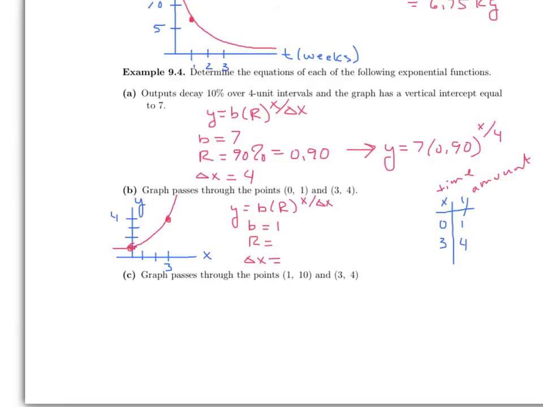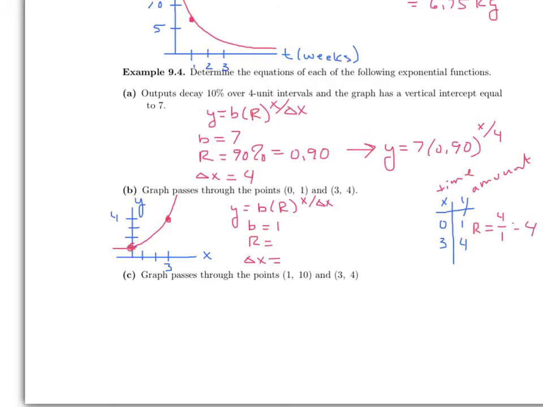So, in particular, it grew by a factor of 4 over 1. Recall that that's how you calculate a factor. You take the later amount, divide by the earlier amount to obtain your factor. So in this case, the amount grew by a factor of 4. How long did that take?